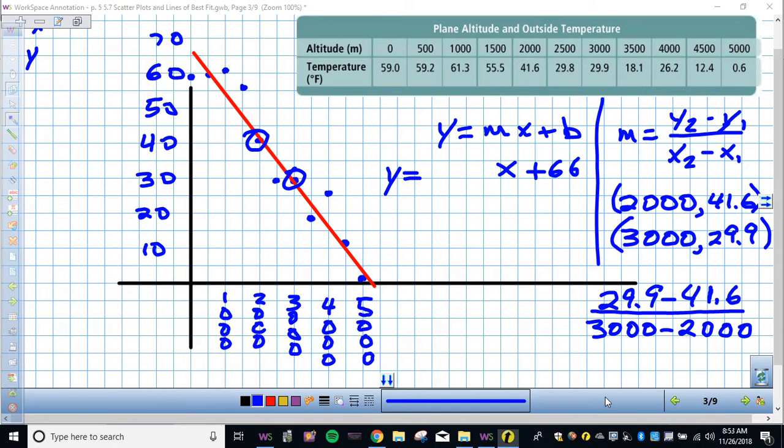Many of you did the slopes right on the quiz. You just got to be consistent. Second one minus first one, second one minus first one. So second y minus first y, second x minus first x, like that. So here we get 29.9 minus 41.6. Anyone do it in their calculator yet? Nope. I'm pulling up my calculator.